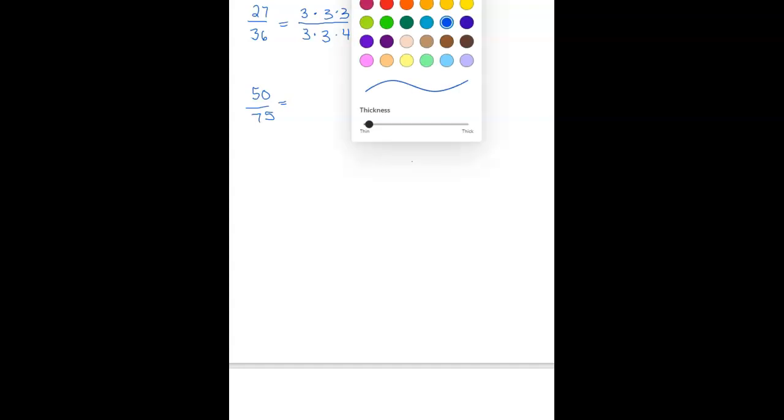So I can go ahead and cancel anything that has the same number. All right, so I have a 3 over 3, which is the same as a 1. Here I have a 3 over 3, which again is the same as a 1. And I'm left with a 3 over 4. So my solution here is 3/4.